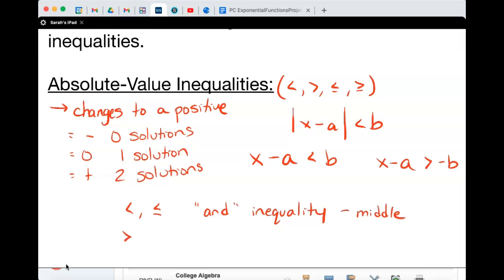And then if the inequality starts with greater than or greater than or equal to, it's an or inequality. So if it's not middle for and, then it's on the outside where we're shading. So it's kind of tying up everything that we've been doing, inequalities that we started in the first chapter. And then section 6 was all about absolute values, so now we're combining it together into one lovely hot mess.